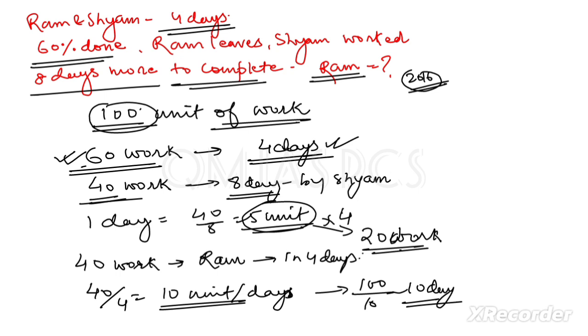So what we have done here is taken 100 units of work, and like that we have calculated that Ram will take 10 days to complete that work. Understood? Okay. So the next topic is pipes and cisterns.